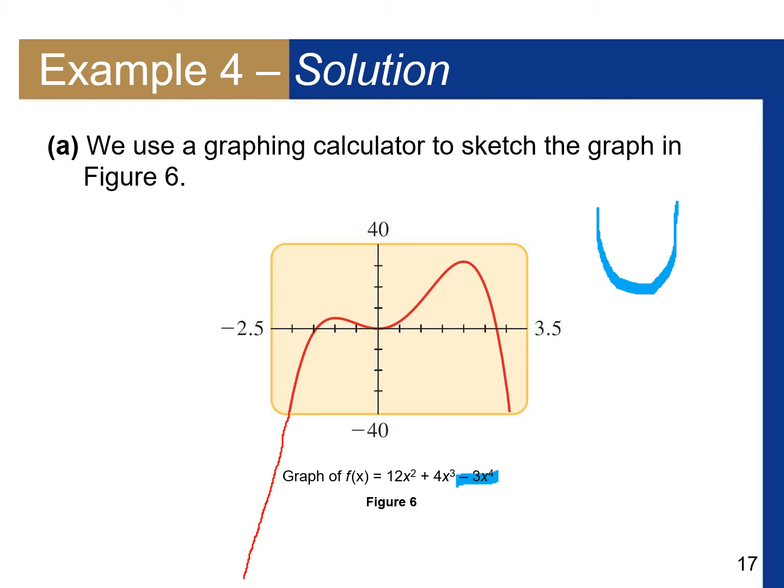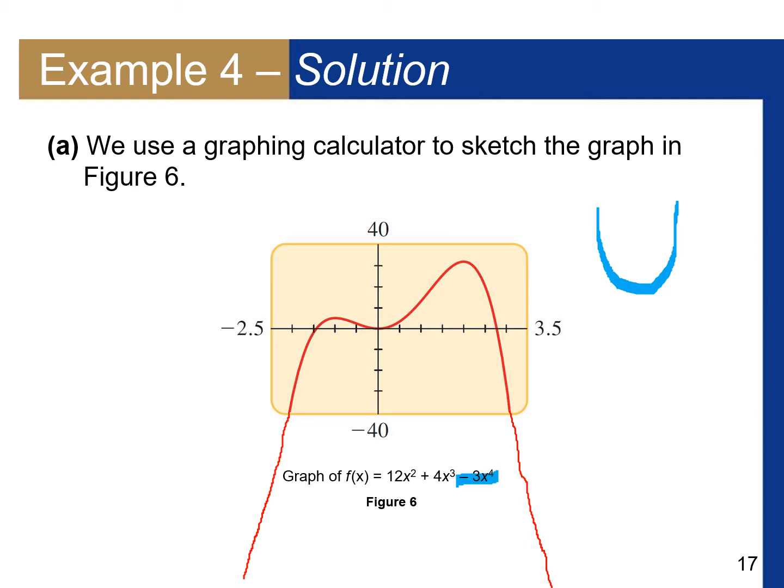It might not go this direction quickly, but I don't see it ending anytime soon. So I would say that my domain is going to be from negative infinity to positive infinity, because I could go way out here. I'm going to go really far down, but I'm going to find a value.